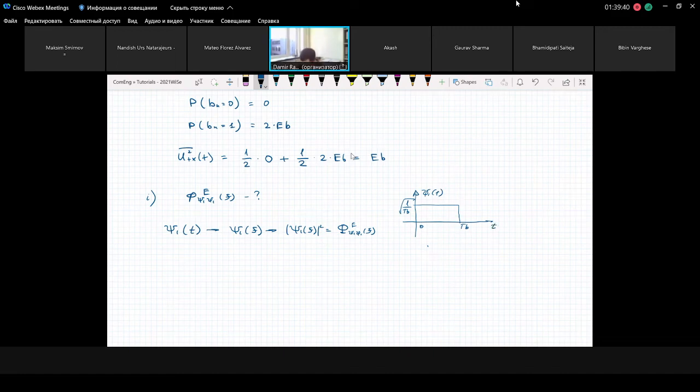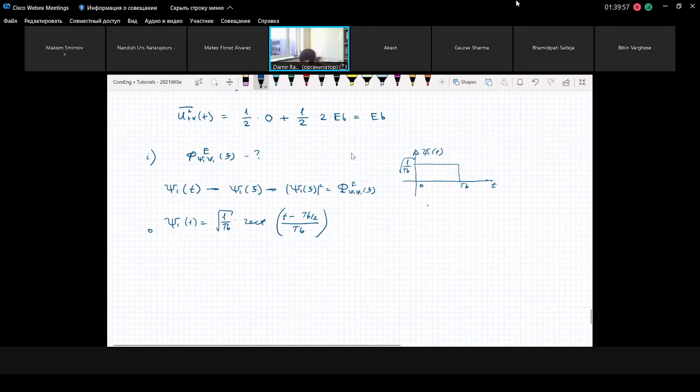We can say that psi1 of t equals 1 over square root of TB times the rectangular pulse of (t minus TB/2) divided by TB. This is our original function. We calculate the Fourier transform.